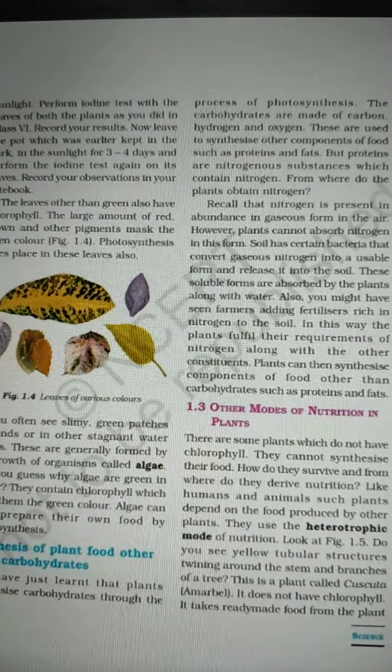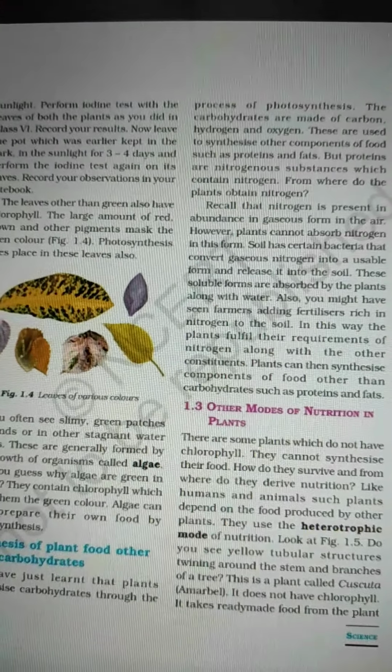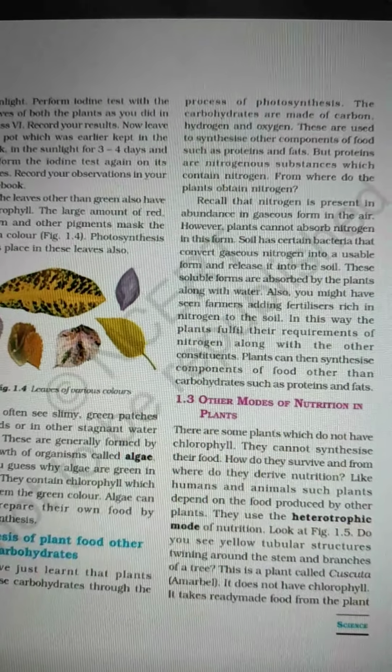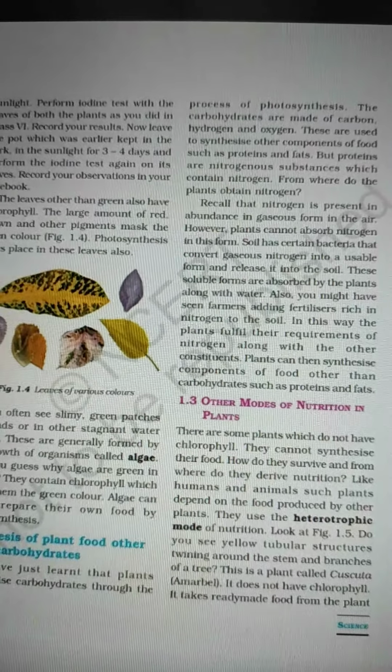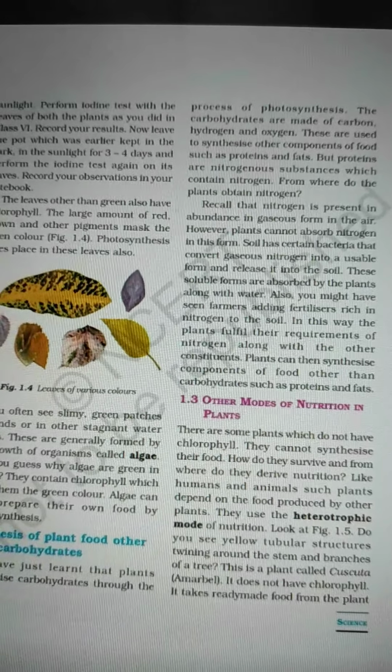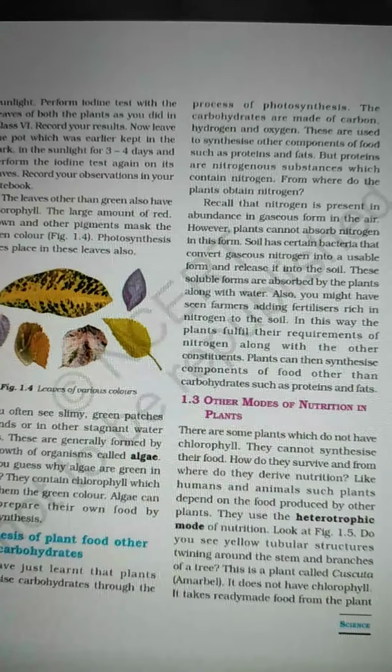Here it is said yellow tubular structure, that means they are yellow in color and they are a climber plant. They climb on the big trees, on their stem and branches.